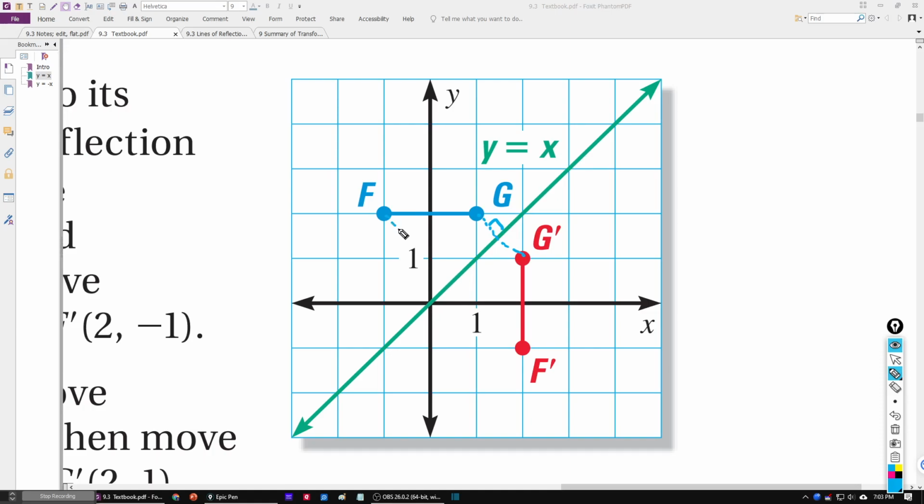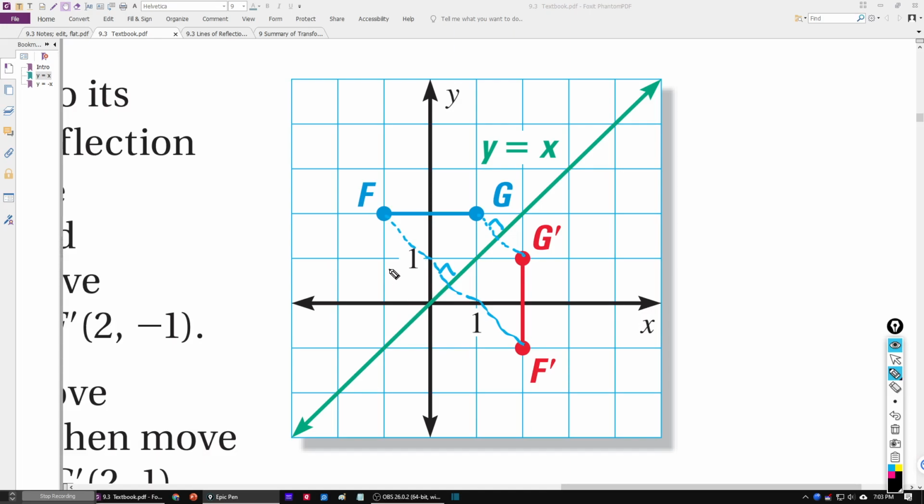Maybe it'd be easier if I did it over here. I showed you also over here. So your line of sight from your pre-image to your image will always be perpendicular to your line of reflection. Right? We got that. Remember before, we counted blocks on this line of sight.